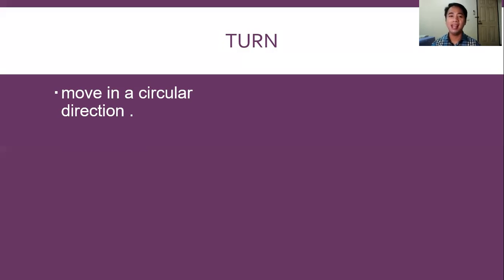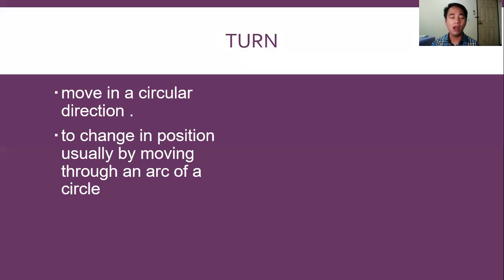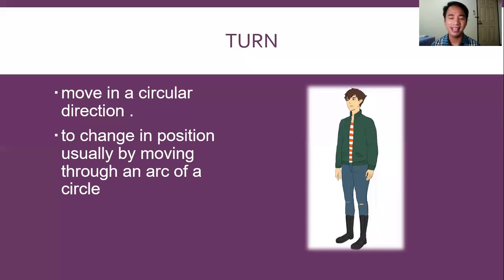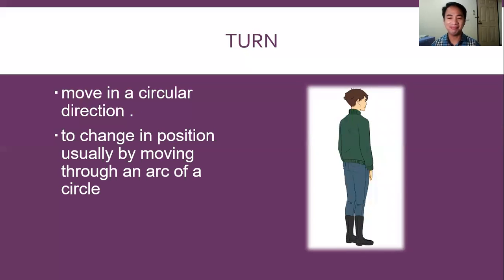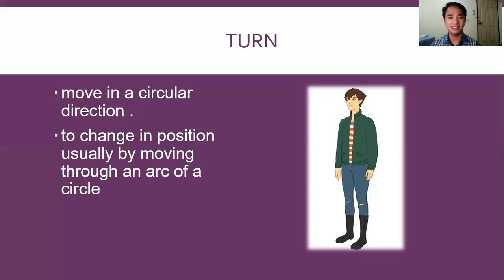Or to change in position, usually by moving through an arc of a circle. That's what you call turn. This is an example. Okay, he is turning. That is turn.